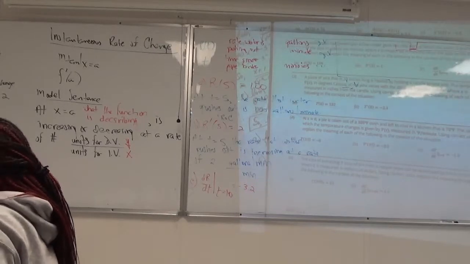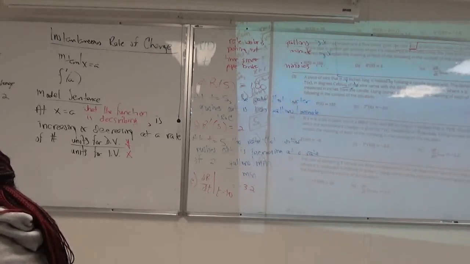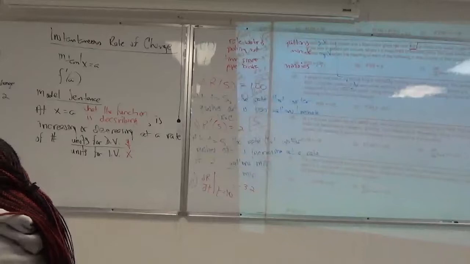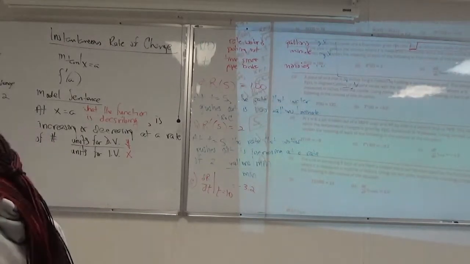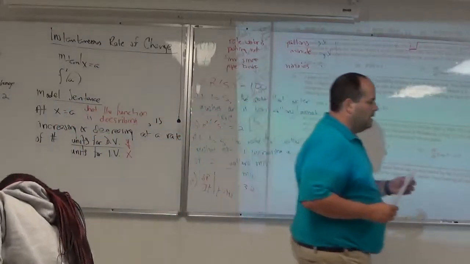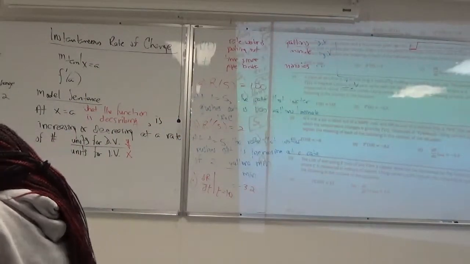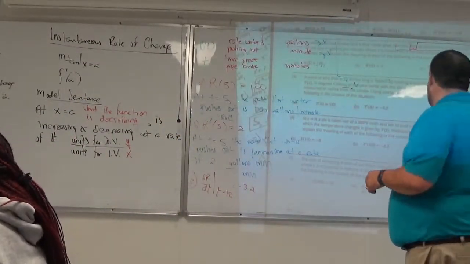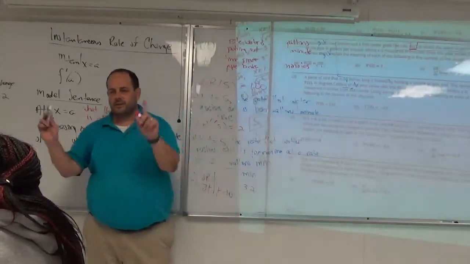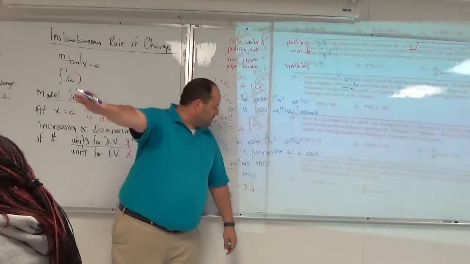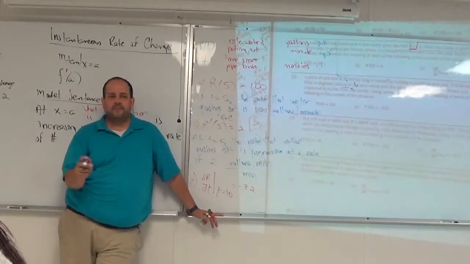The corrections. You turned them into me this morning in my mailbox. No, I'm not doing that. No. All right, hold on. Okay, Jose's got a question, and we're moving on anyway.